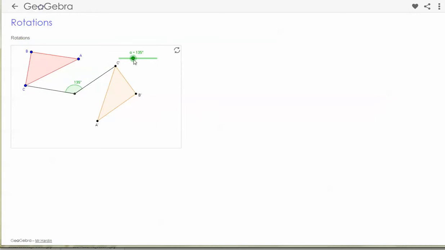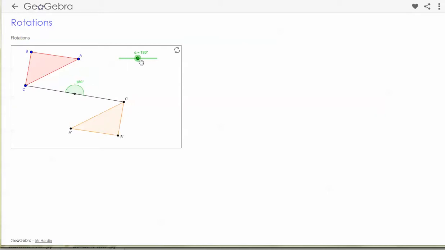There's a little slider here where you can change that angle of rotation. So here's 180, here's 225 degrees, 270 degrees, 315, and back to 360. At 0, it doesn't go anywhere. 45 degrees, etc. Now this particular animation is going clockwise.